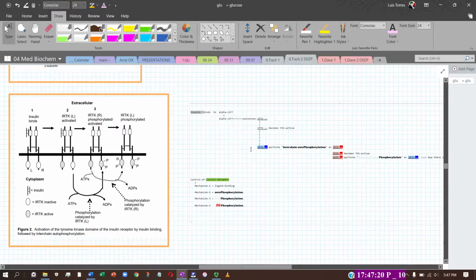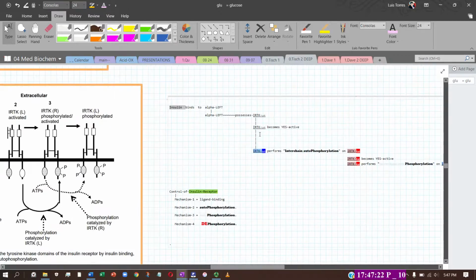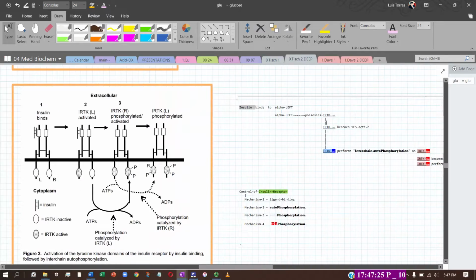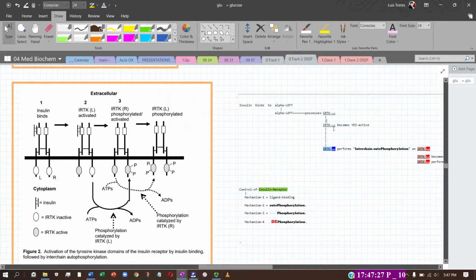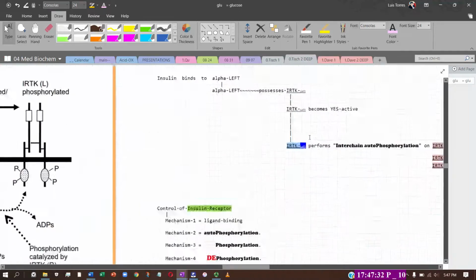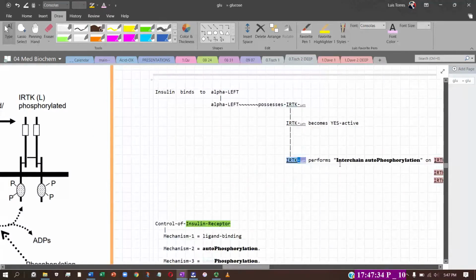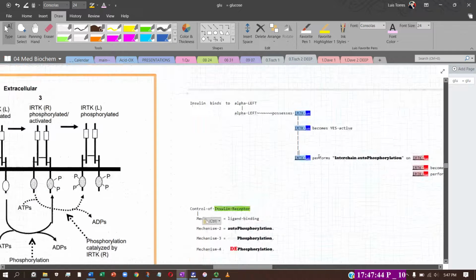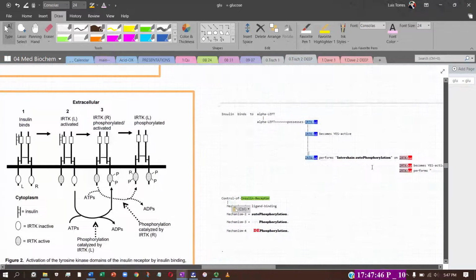So what happens next is that after this insulin binds, the IRTK left becomes active, and then that same IRTK left, let's make this correction, lots of stuff is happening with it. The IRTK left performs interchain autophosphorylation on the other IRTK, on the IRTK right.